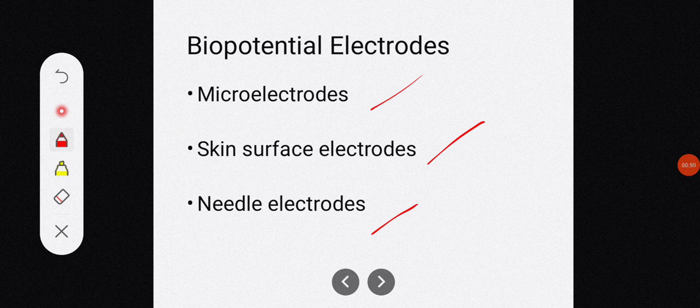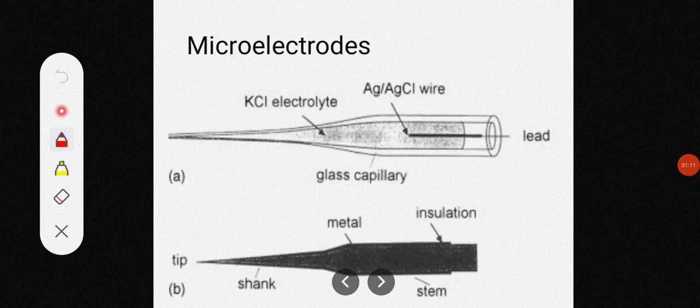Whereas needle electrodes are used to penetrate the skin to record EEG potentials from a local region of the brain or EMG potentials from a specific group of muscles. I'll be discussing all these electrodes in detail in my upcoming slides. So let's start with microelectrode.